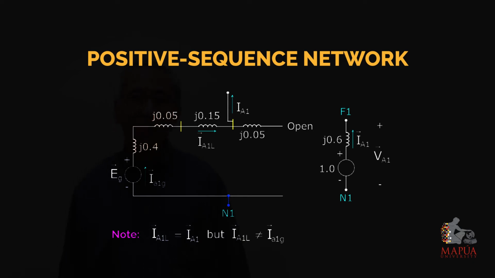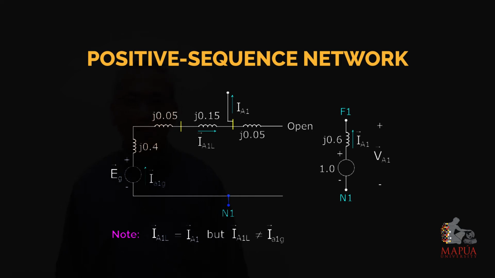In this case, we call it F1. Now, this positive sequence network can be represented by an equivalent Thevenin circuit. You have the terminal F1 and the neutral reference N1.